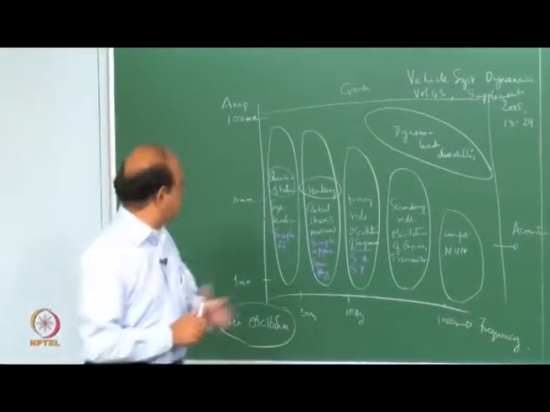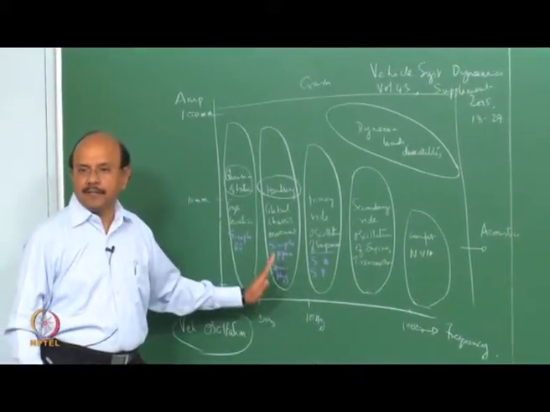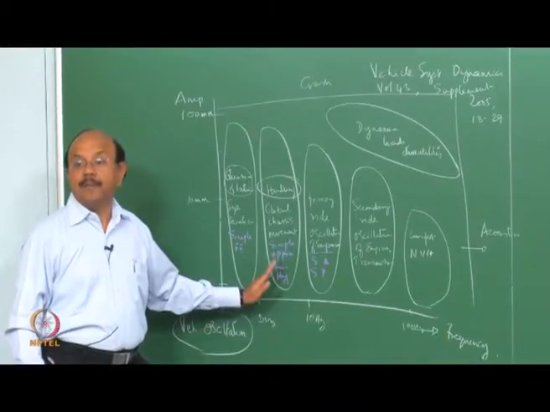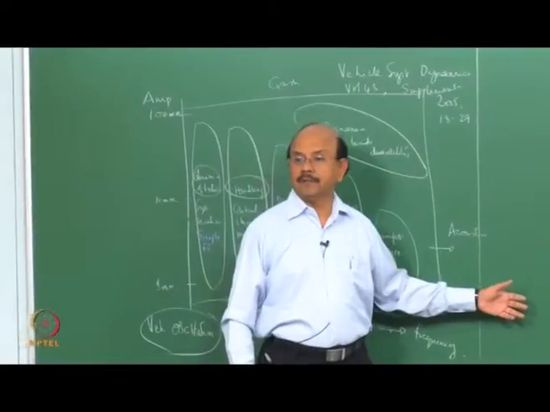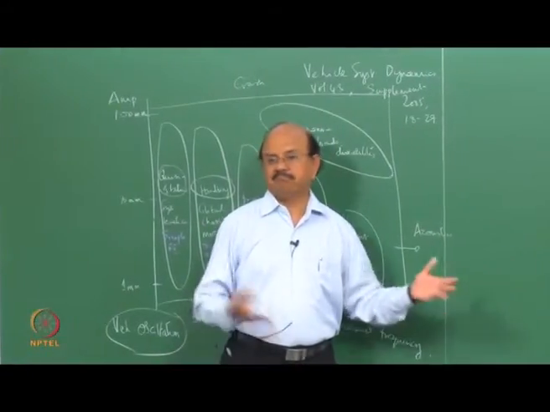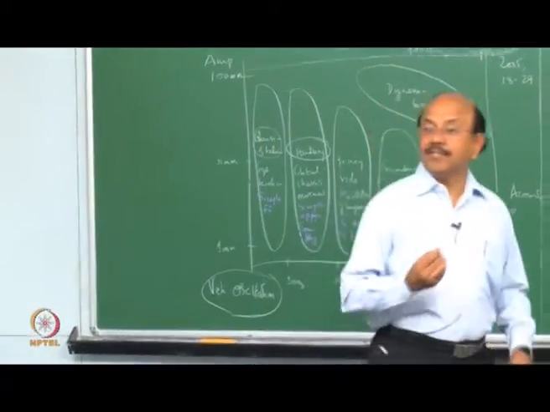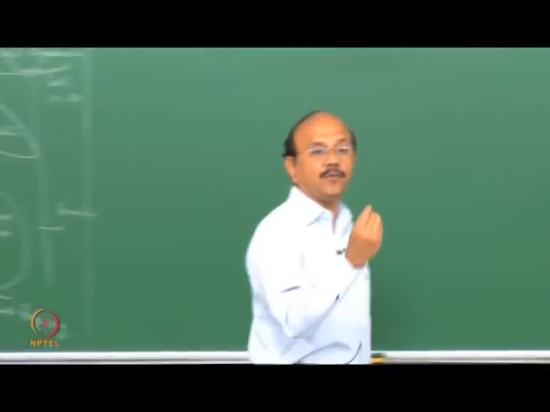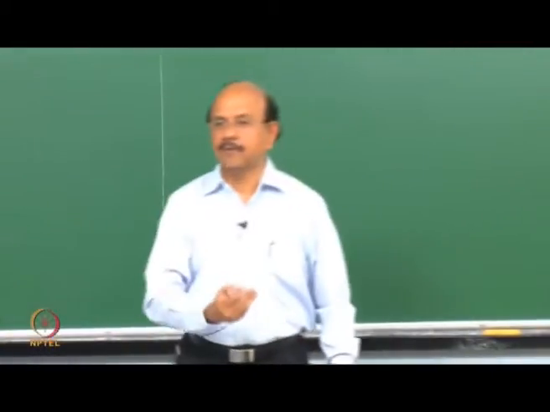Suppose you take a simple model, for example, the bicycle model for handling that we are going to see. Then, if you tell me that I want to study the acoustics with this kind of model, you won't be able to study it. Because it will not produce the kind of frequencies, the natural frequencies or modes or whatever you call it, that we're going to give some names to.